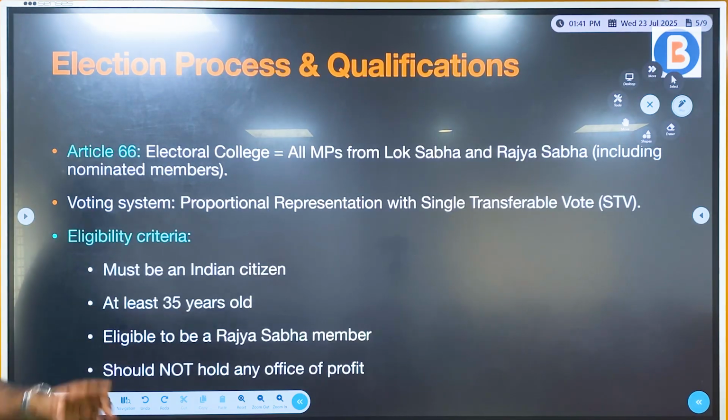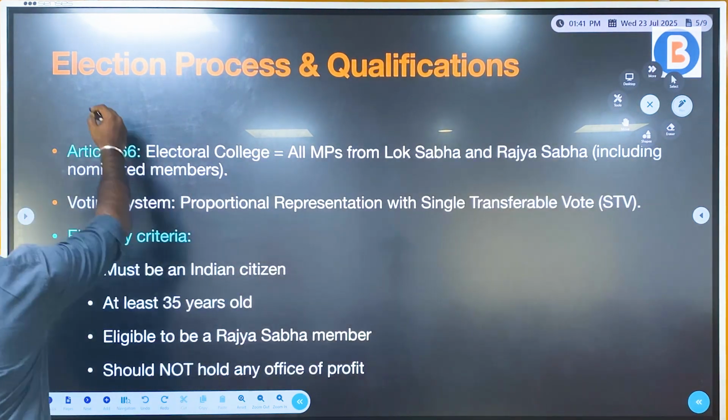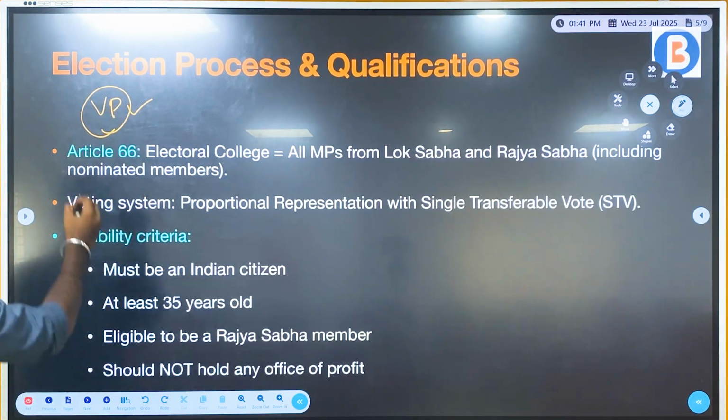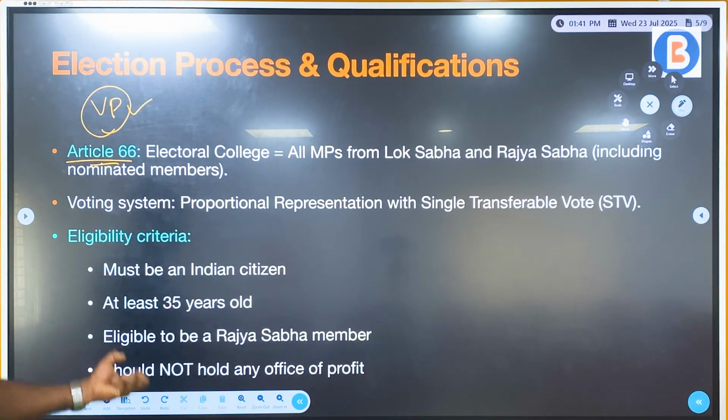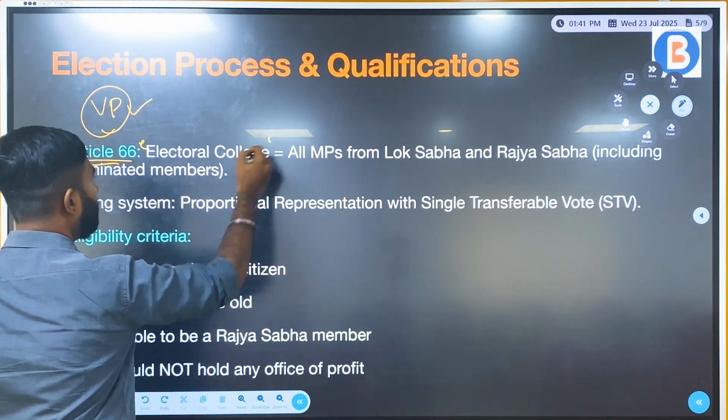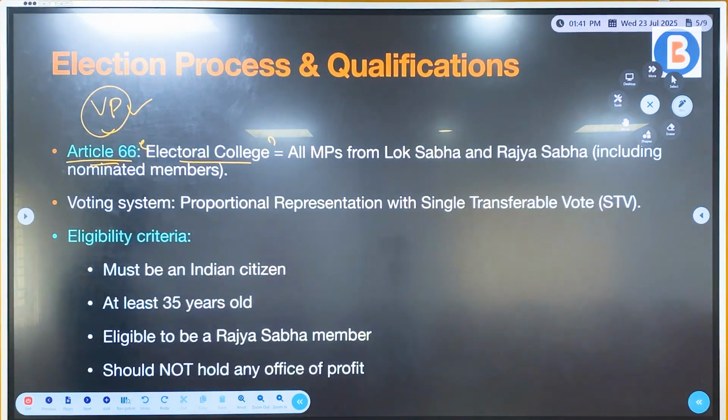Now we have to discuss the election process and the qualifications of the Vice President. Article 66 of the Indian Constitution talks about the election process of the Vice President. From the exam point of view, it is important to understand who is part of the electoral college.